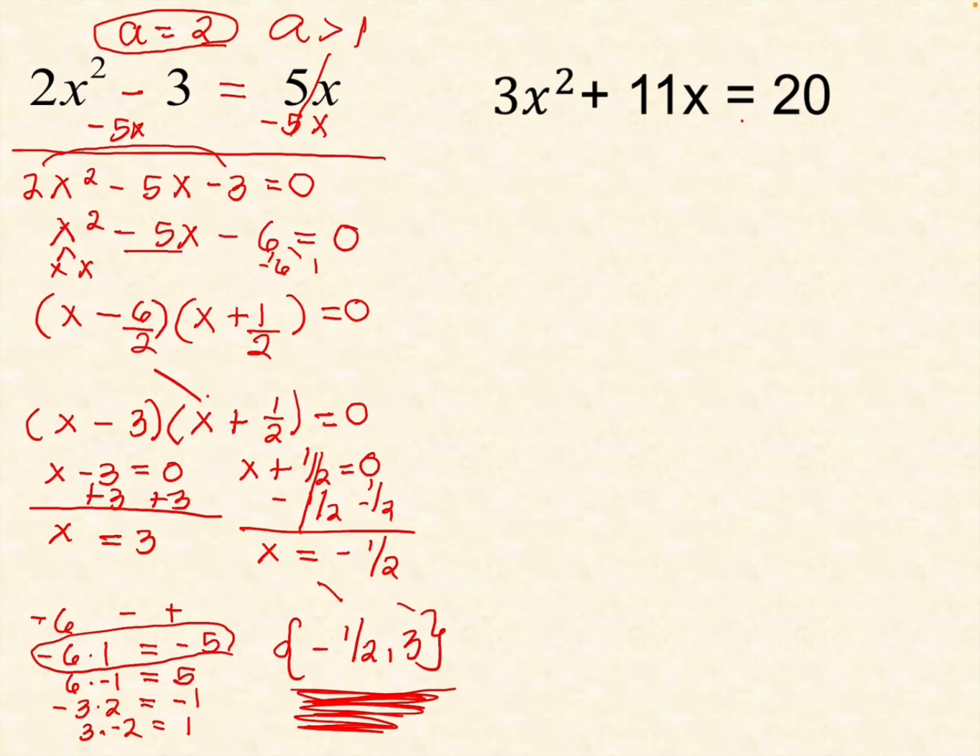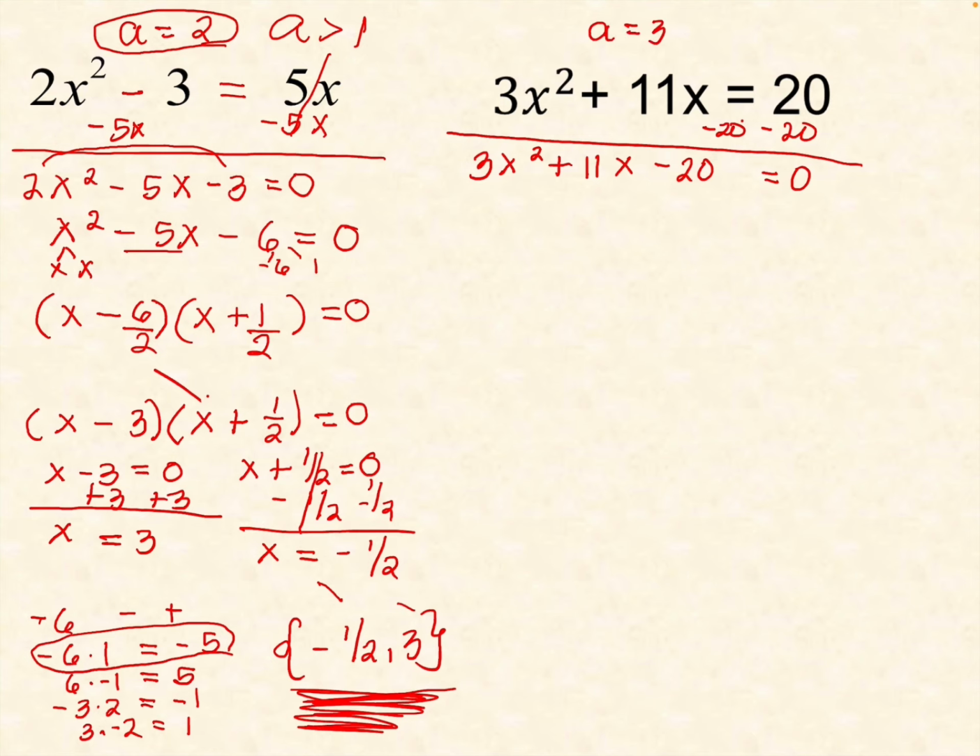So, do the same thing. You need to get the opposite of 20, so that is negative 20. We're going to do this because we need to write the given quadratic equation in its standard form. Okay? Equals 0. So try to observe. Your A is 3.